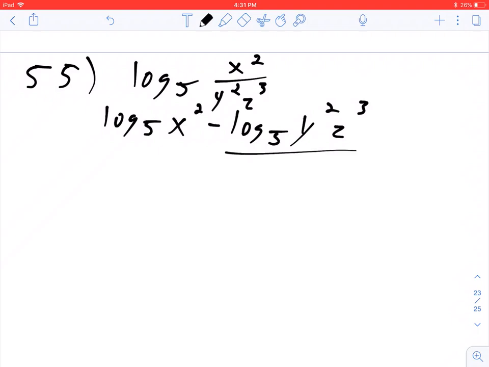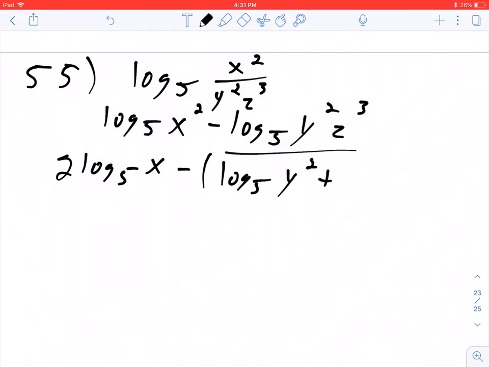We're going to split this up further. We're also going to use the power property. I'm going to do that in kind of one step here. We have 2 log base 5 of x, and then we're going to have minus, and you need to have parentheses around this. It's going to be log base 5 of y squared plus log base 5 of z to the third.